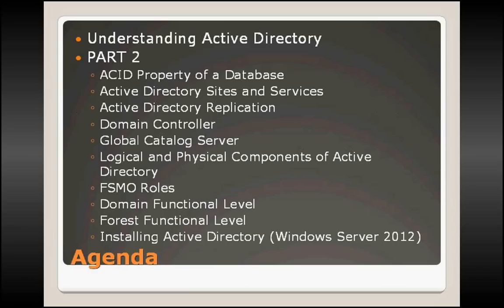Then we can look into the FSMO roles, and finally, once we do the domain functional level and the forest functional level, we should be good to install an AD server. We're going to use Windows Server 2012 to install Active Directory, and that's the latest Windows in the market, at least at the point of this session today. Alright, so let's get going.